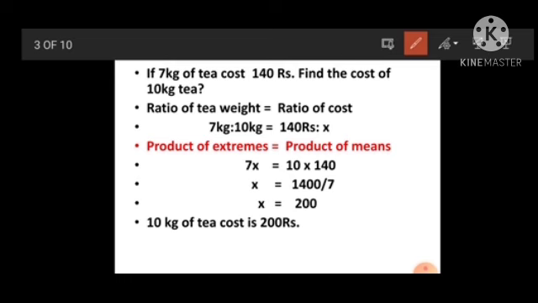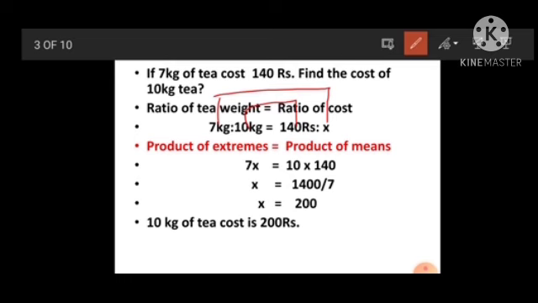Now what is the formula? Product of extremes is equal to product of means. So product of extremes is first and fourth term, 7x, and product of means, second and third term, 10 multiplied by 140.